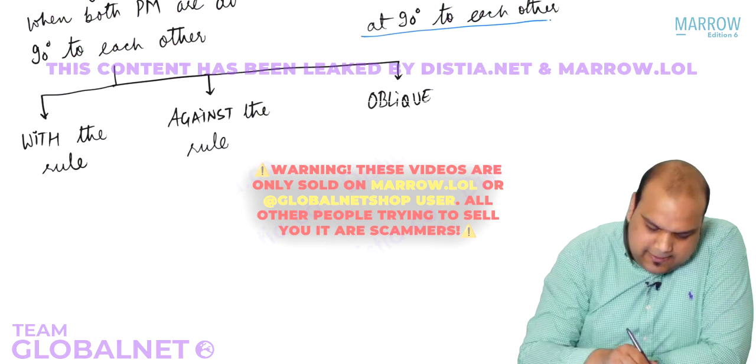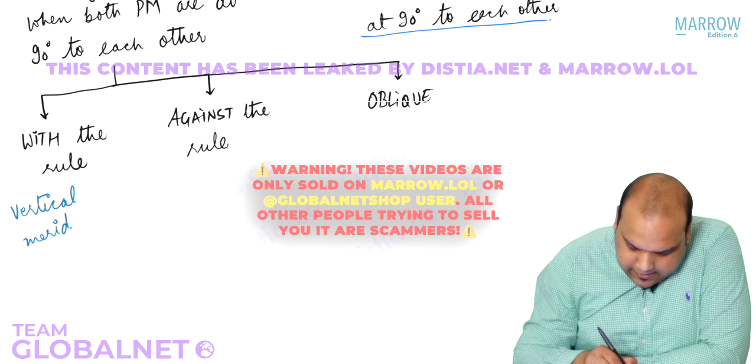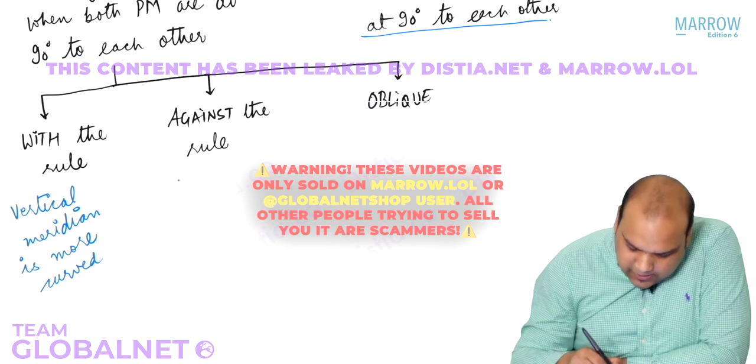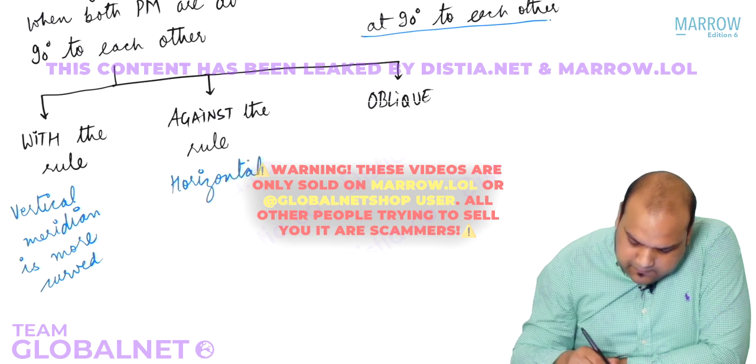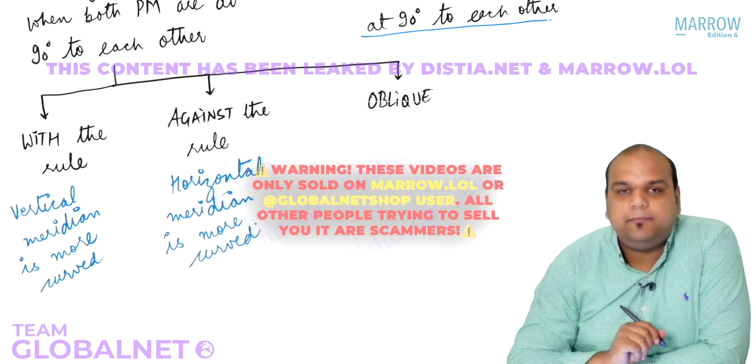With the rule, astigmatism is said to occur when vertical meridian is more curved. Against the rule is said to occur when horizontal meridian is more curved.